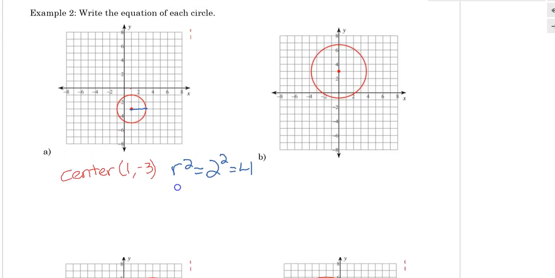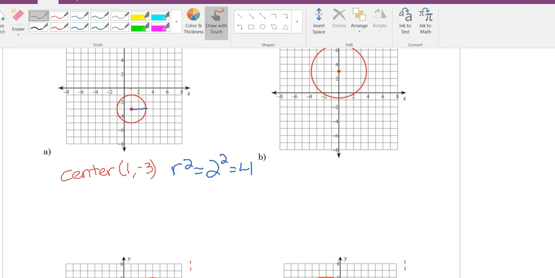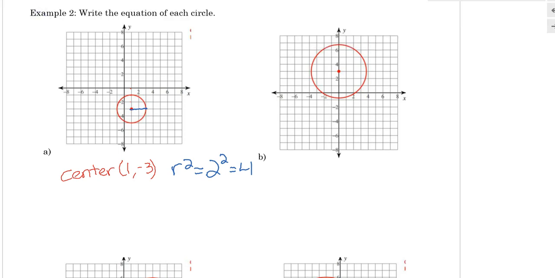So when I write my equation, again, our general form is (x minus h) squared plus (y minus k) squared equals r squared. Again, we still have to change the sign.